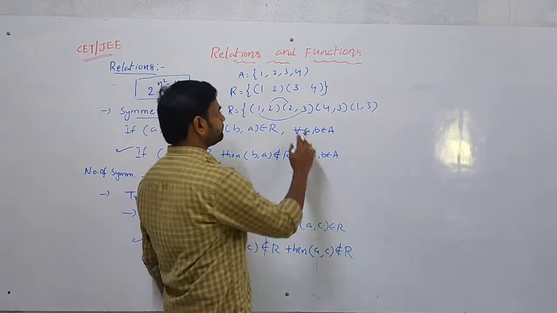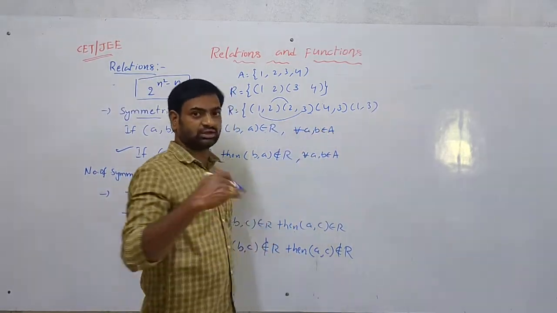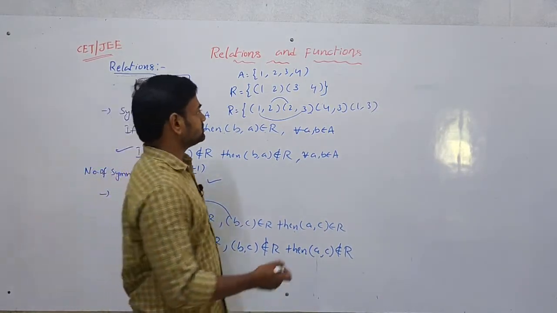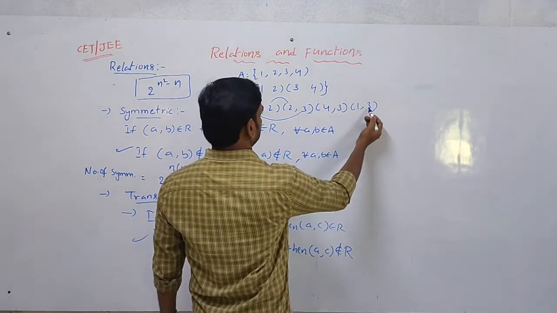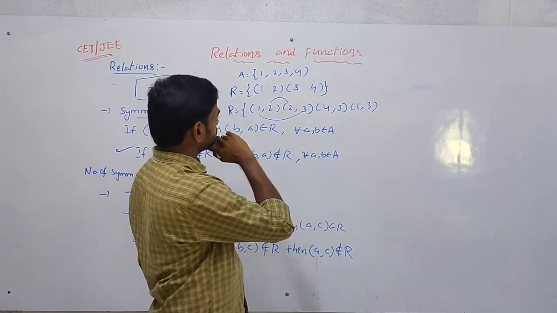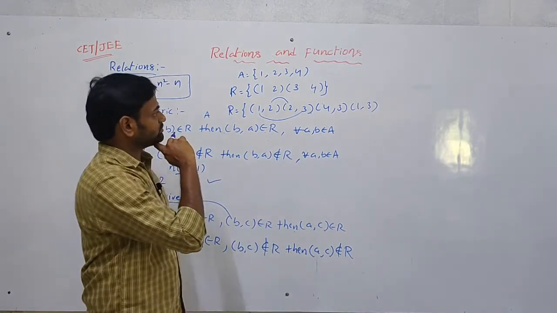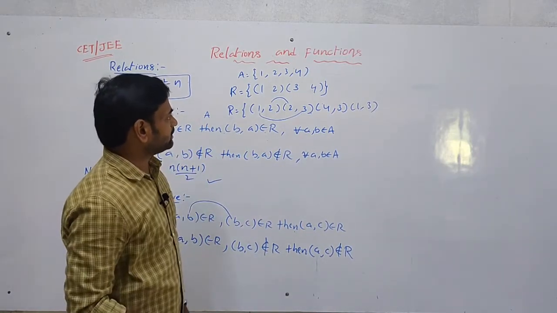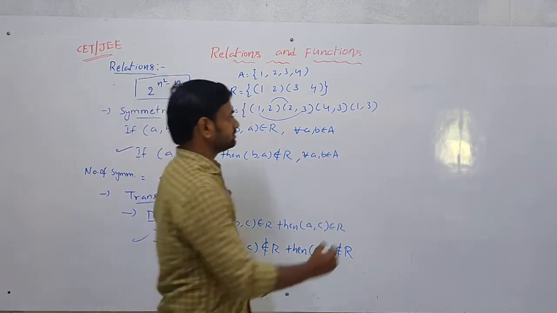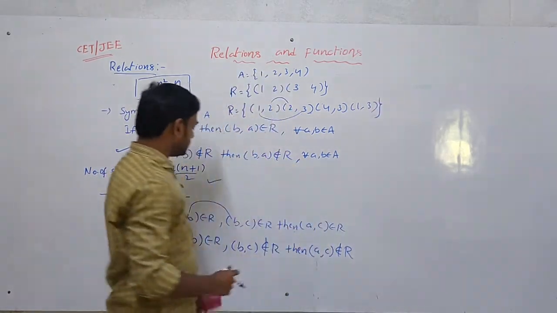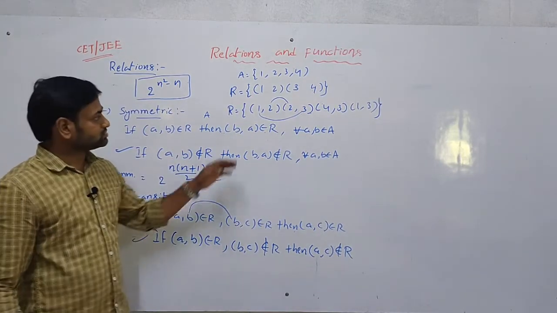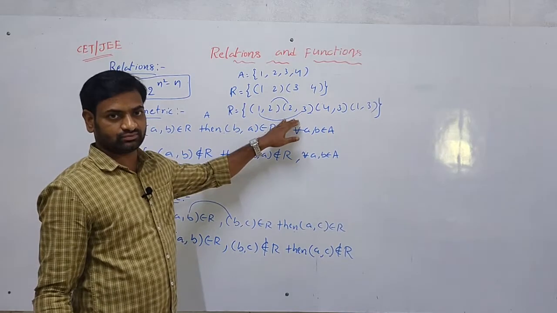Check once. Not only this pair, take other pairs also. See here, (1, 3), (4, 3), no. (2, 3), can any pairs exist? Can you take them for transitive? No. It is the only one pair in the form of (A, B), (B, C). So it is transitive.